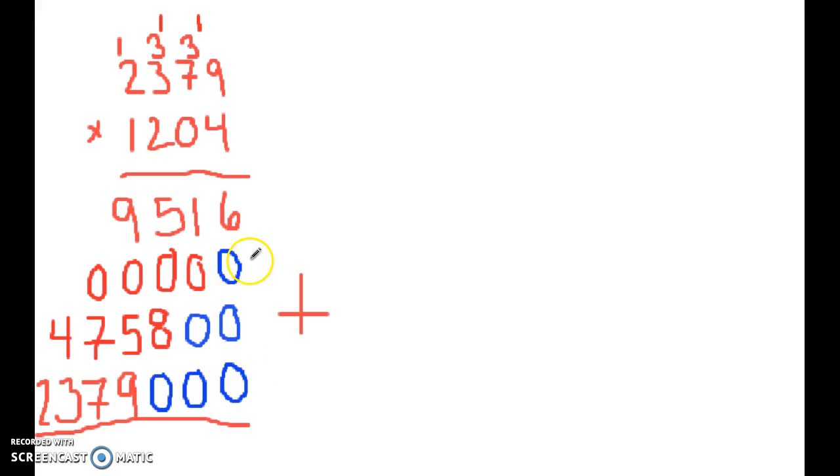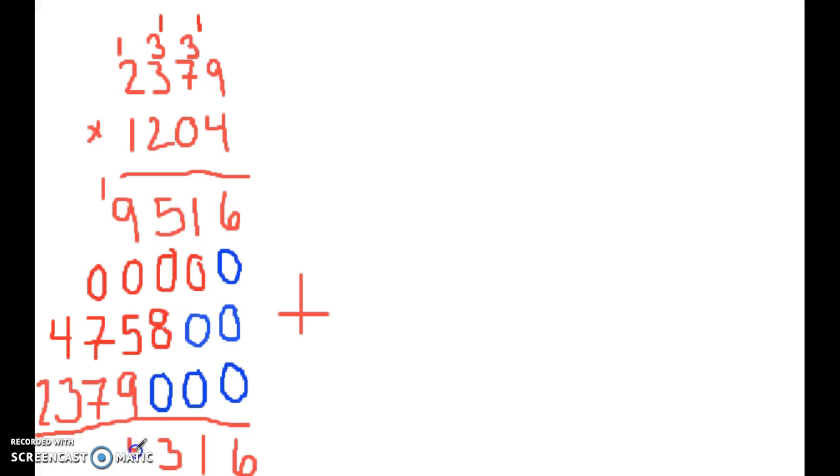So we have 6 plus 0 plus 0 plus 0, which is simply 6. Then we have our 1 plus 0 plus 0 plus 0, which is simply 1. And then we have our 5 plus 8, which is going to be 13. So we drop our 3 into this place and carry the 1. And then we have our 1 plus 9 plus 5 plus 9, which is equal to 24.